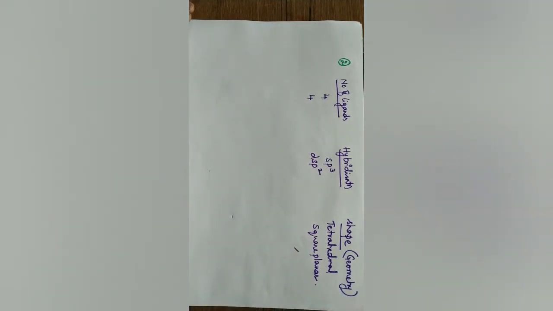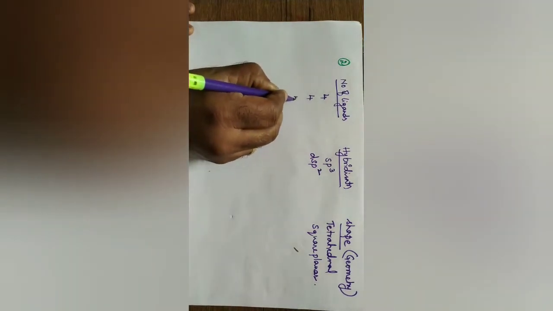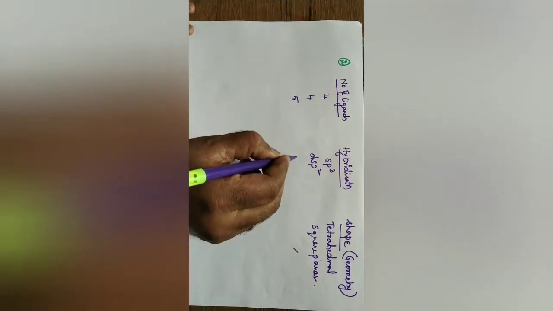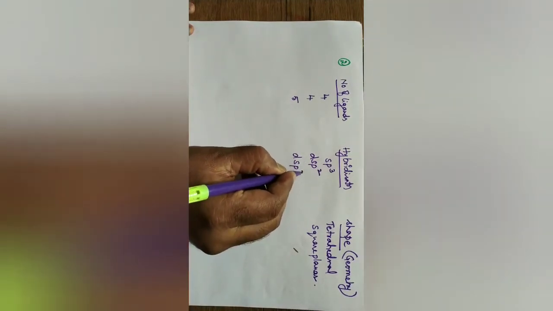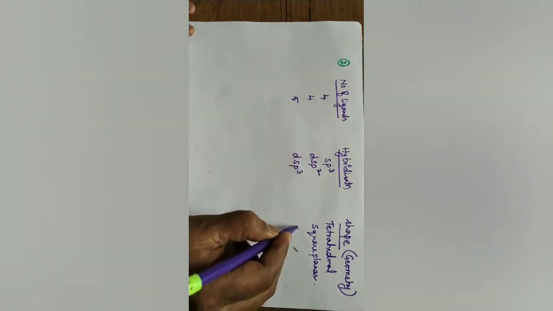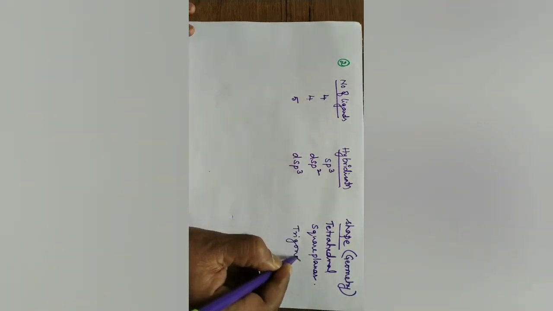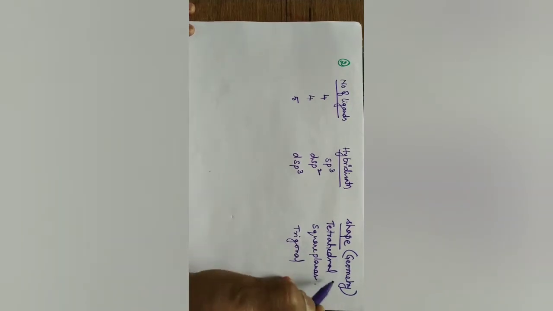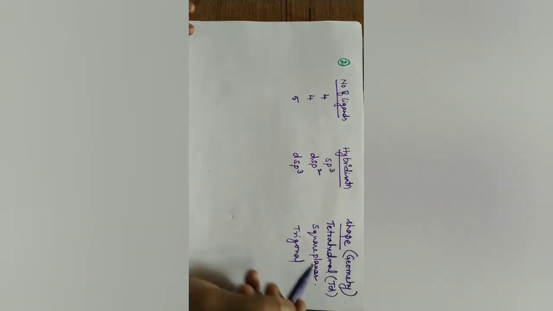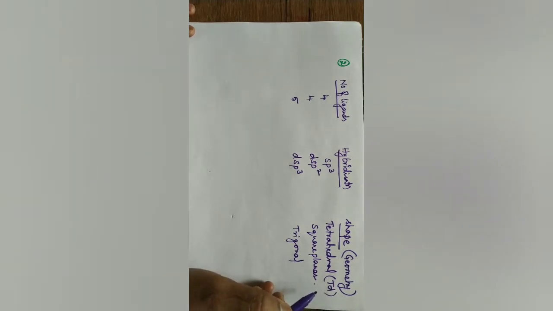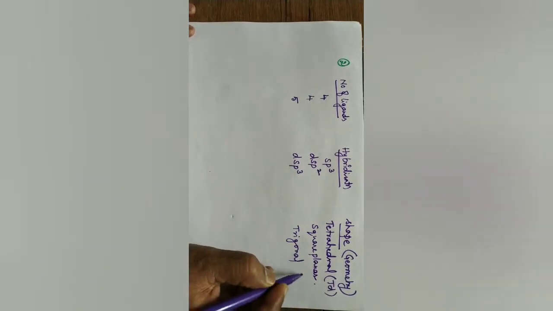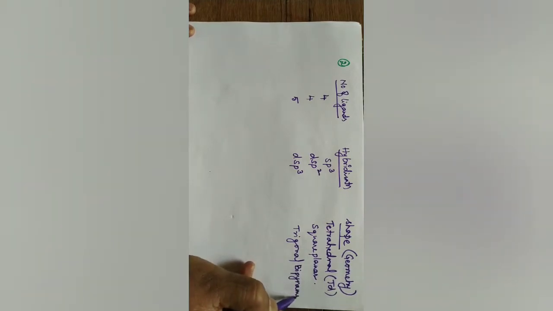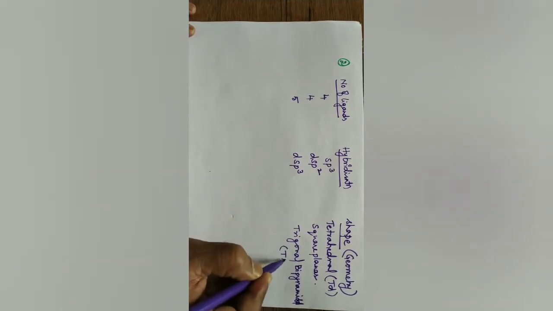If the number of ligands is 5, that is dsp3, trigonal bipyramidal, generally represented as TBP.